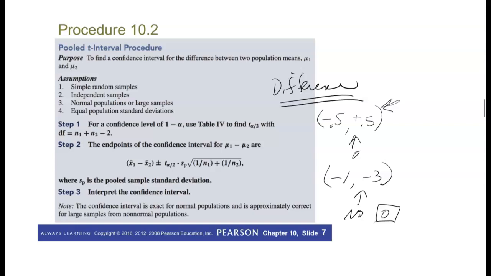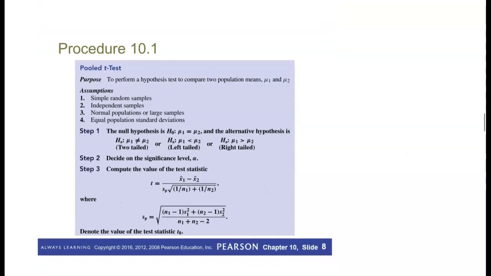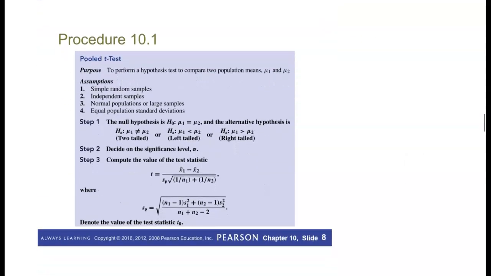What I do want to focus on is the hypothesis test. All right, so here's your formula, and I'll show you your formula sheet real quick where you can find them on the formula sheet in Chapter 10. Please make sure you're reading this correctly. We've got all the information for the pooled test goes here. Here's everything for a pooled.